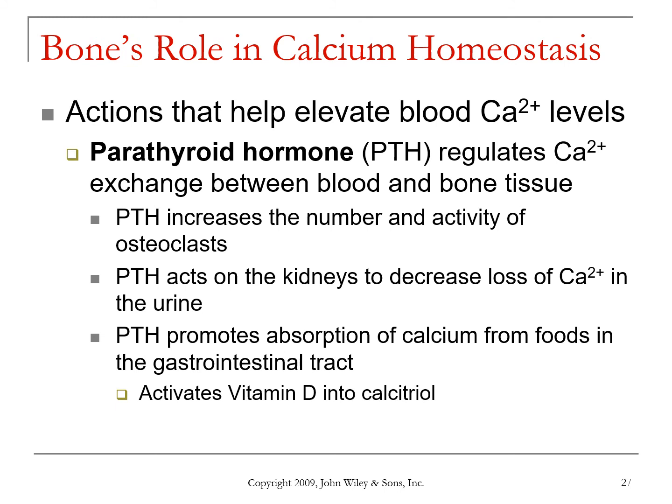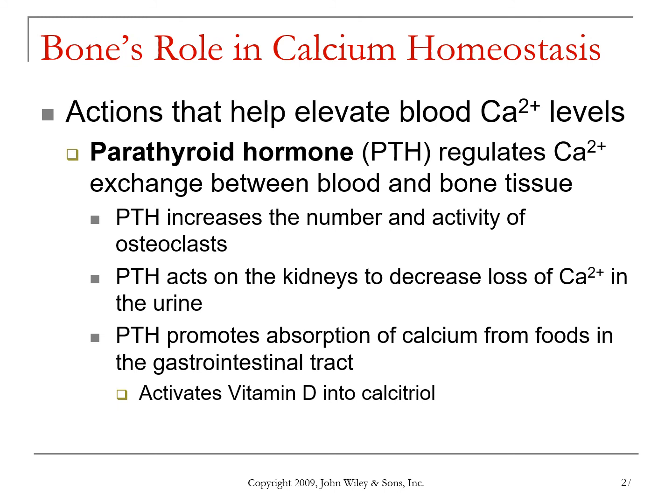Rising blood calcium levels feed back to shut down parathyroid hormone release. The second target of parathyroid hormone are the kidneys, where parathyroid hormone promotes the reabsorption of calcium from the urine filtrate back into the blood so that less calcium is lost in the urine and it is retained in the body. This also helps to raise and maintain blood calcium levels.